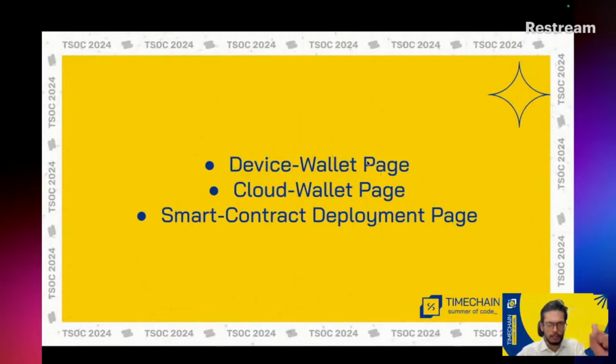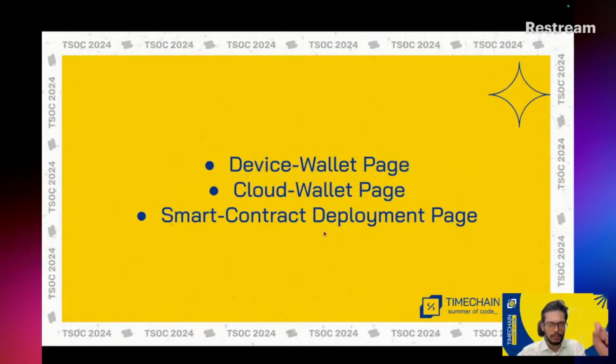A cloud wallet page in which, with the Newcron cloud wallet, you will have the user login to that, see the balance and the paymail, and be able to see a form in which they enter the amount and the payment address they want to send a payment to, and just click submit, and that will create a payment and show success there. That will be the cloud wallet page.